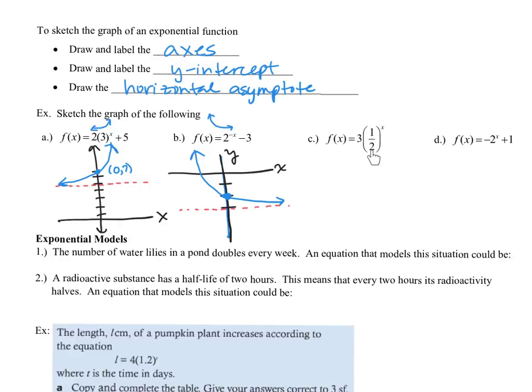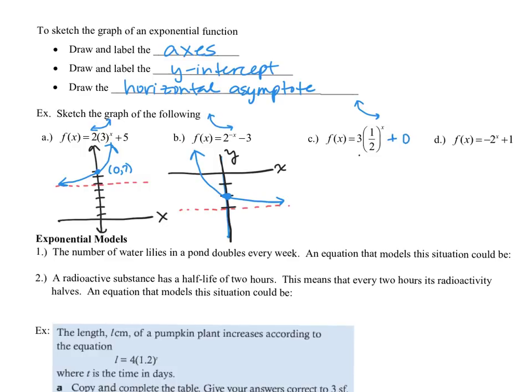Because this base is between 0 and 1, I know the general shape of the graph is going to be a decreasing function. In this case, we could add a +0 onto this function if we wanted to.